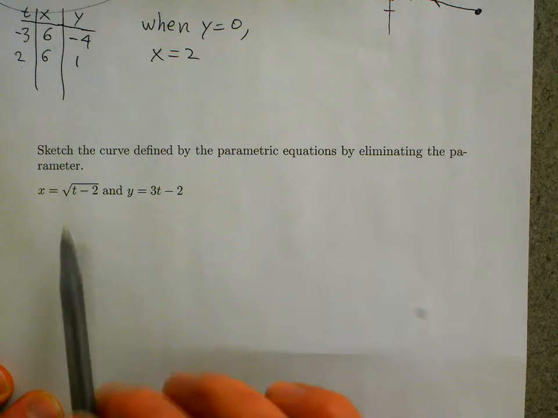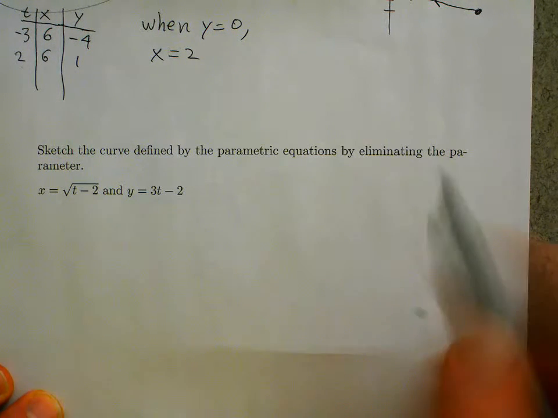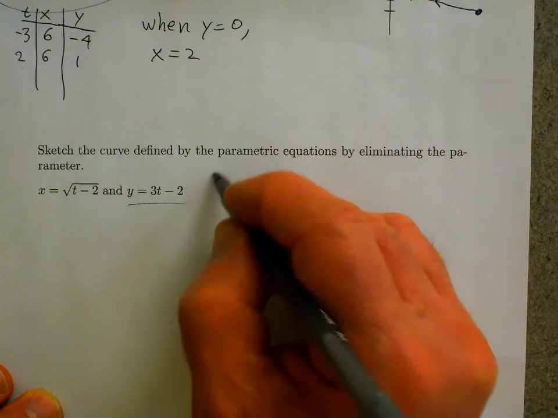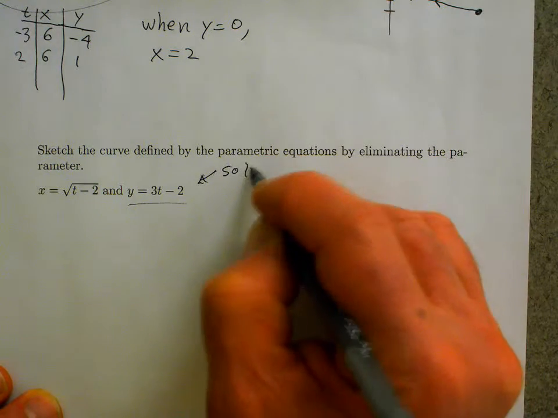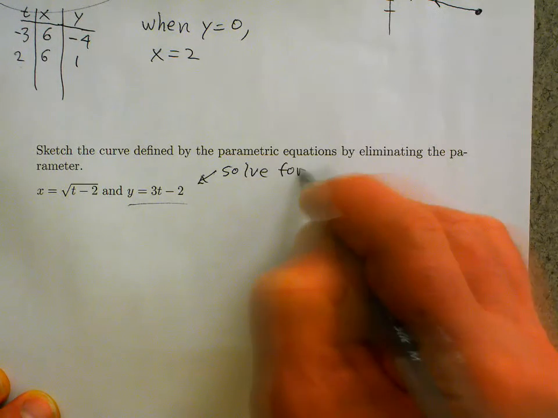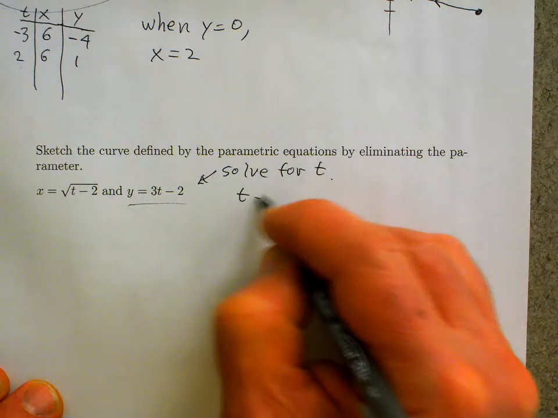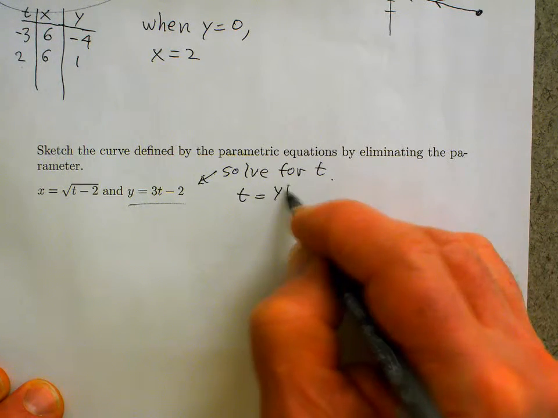Okay, so on this one, if we just solve y equals 3t minus 2 for t, solve for t. So we get t equals y plus 2 over 3.